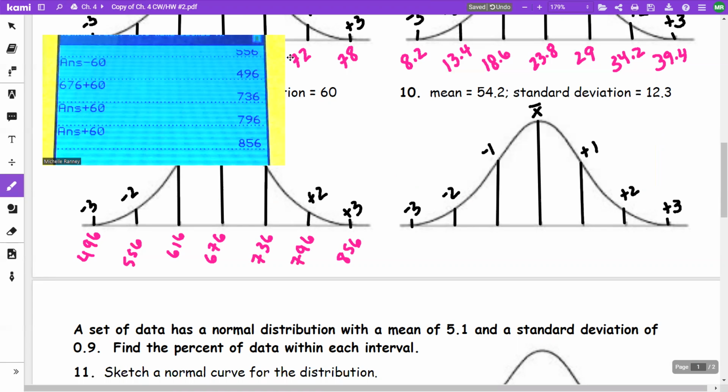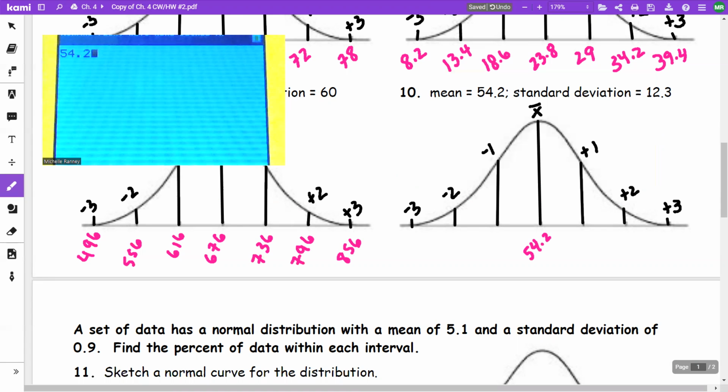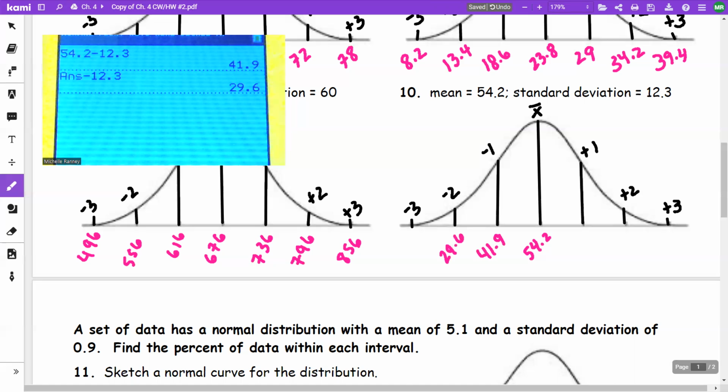And this one here, we're going to have a 54.2. And so 54.2 minus my standard deviation, which is 12.3, we get a 41.9. Minus 12.3, we get a 29.6.